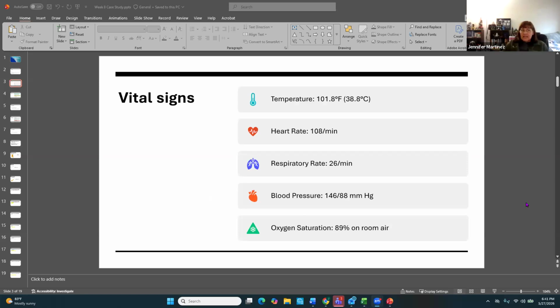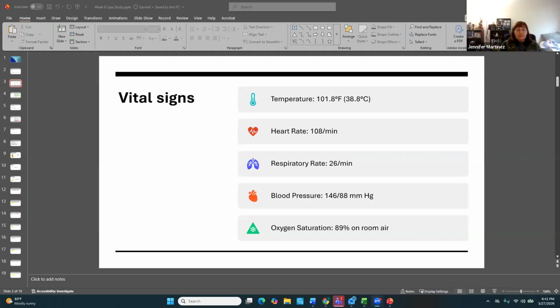His vital signs: he has a temperature of 101.8, a heart rate of 108, a respiratory rate of 26, a blood pressure of 146 over 88, and O2 sats of 89% on room air. So, what are some issues here? Low O2.